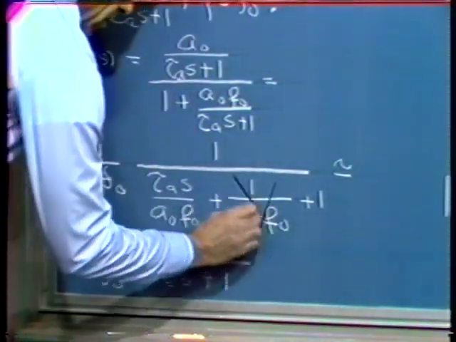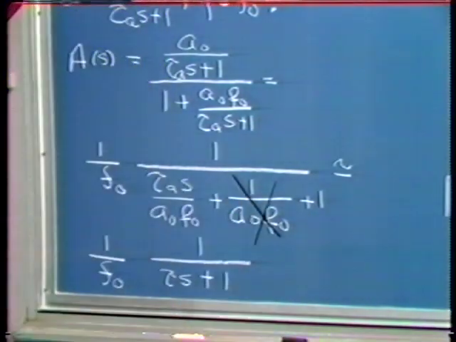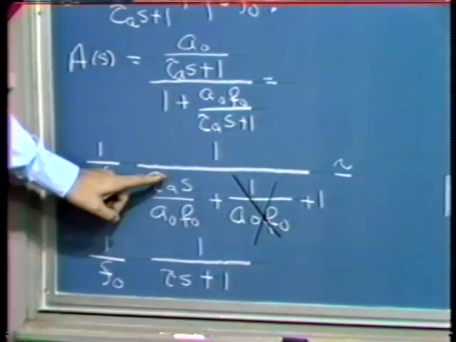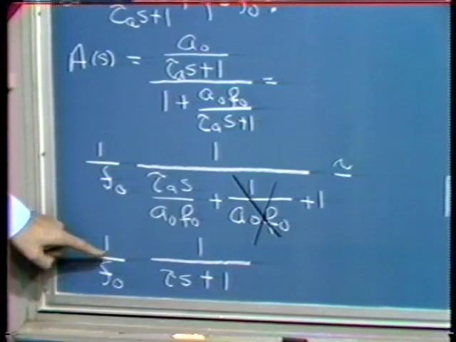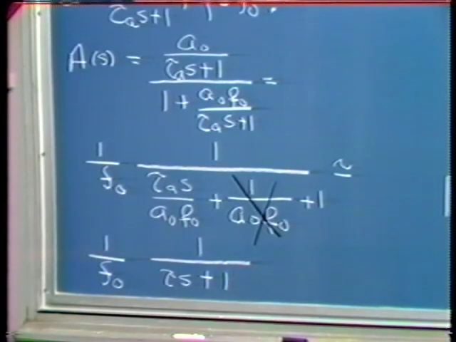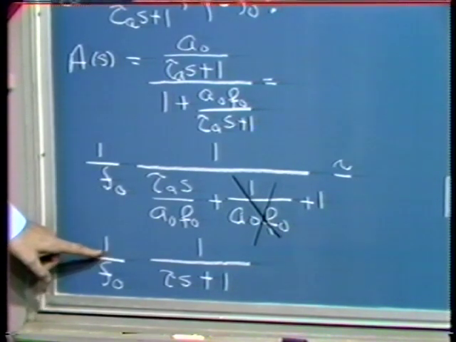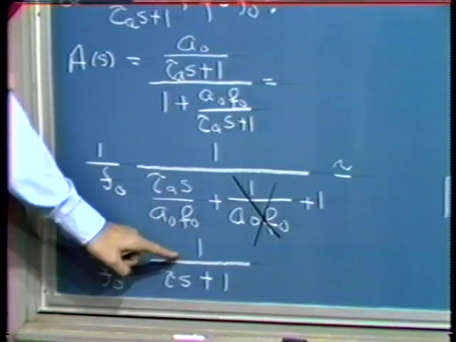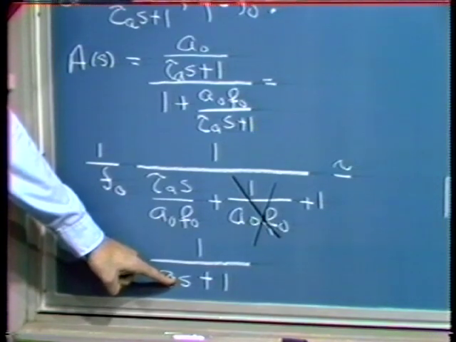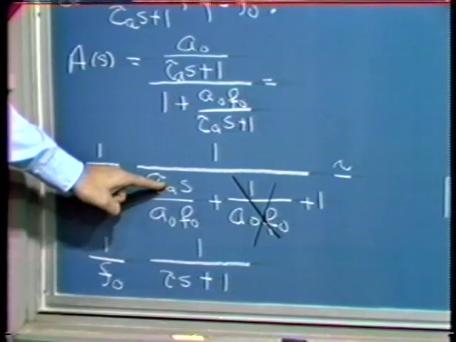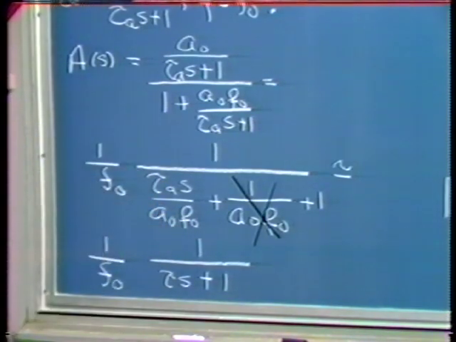If that's the case, we should be able to ignore that term compared to 1 in the denominator, and we can then, with that degree of approximation, write that the closed loop transfer function for our first order system, a system that had a single pole in its forward path transfer function and frequency independent feedback path, is simply 1 over F0 times 1 over tau S plus 1, where we can identify tau, the time constant associated with the closed loop pole, as simply being equal to tau A divided by A0 F0.